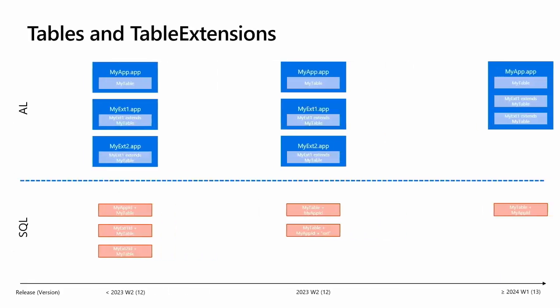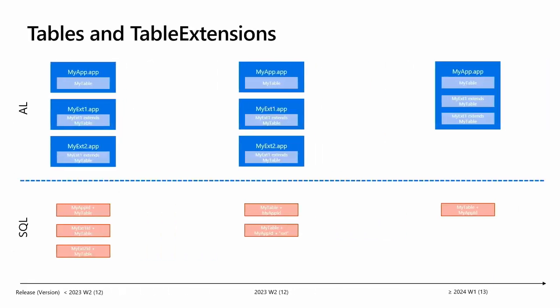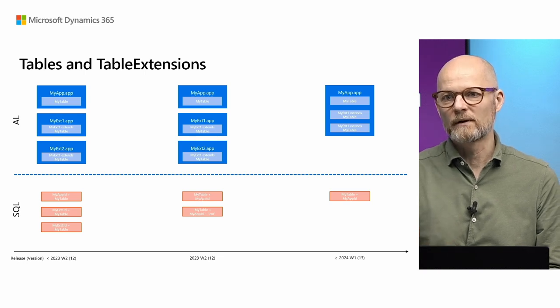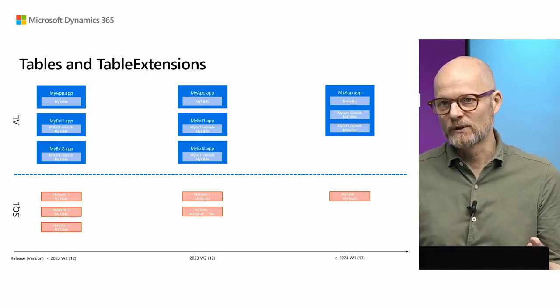Because if you collapse your table and the extension objects into the same app, we now also collapse it at the SQL layer. So one app with both a table and multiple table extensions will still only create one table in the SQL layer, which means that there are no joins.